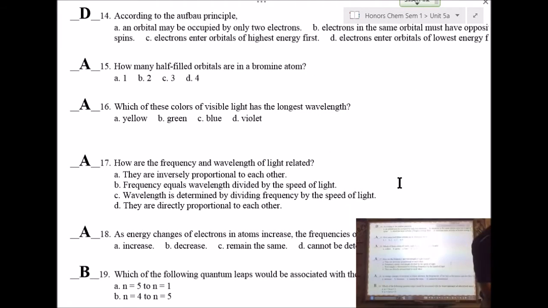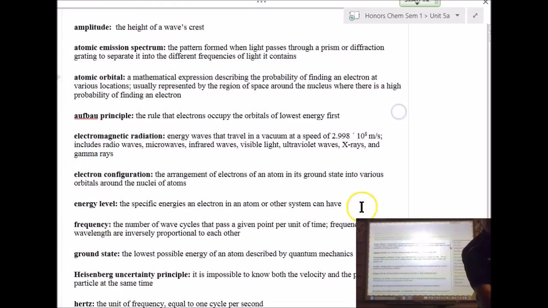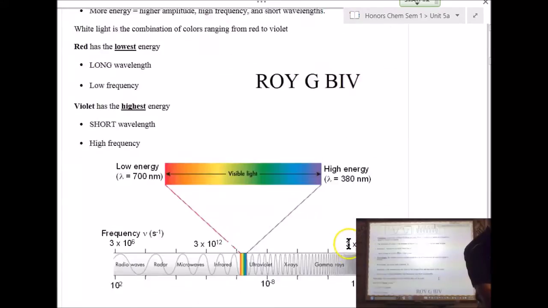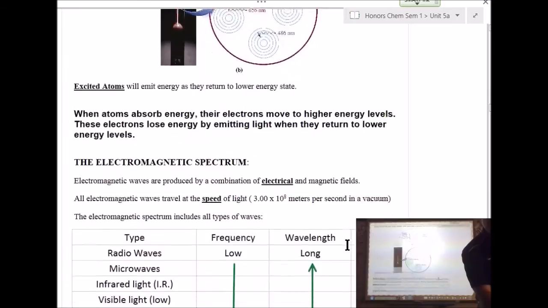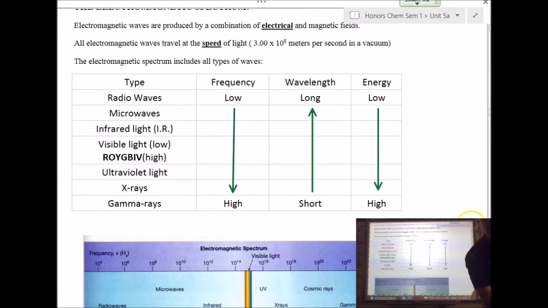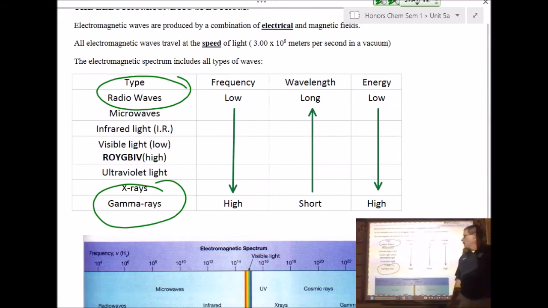So the table. Make sure you know that for tomorrow. Know that radio waves are here, gamma are down here, and everything in between.